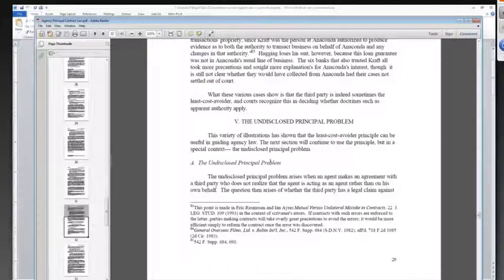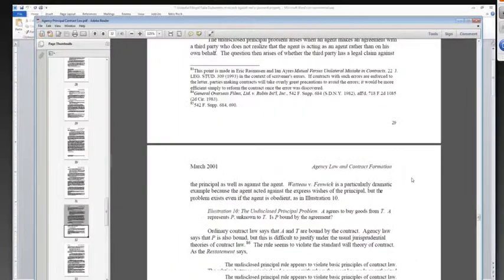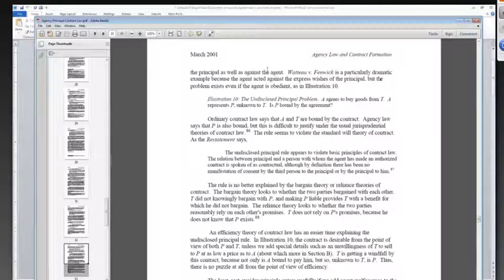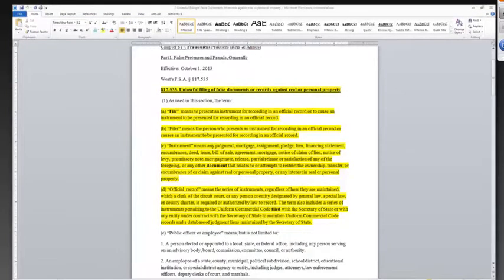The undisclosed principal problem, page 29. So let's go to page 29. Okay, so again, I didn't write this, it says here. The undisclosed principal problem, this is from Harvard Law School. The undisclosed principal problem arises when an agent makes an agreement with a third party who does not realize that the agent is acting as an agent rather than on his own behalf. The question then arises whether the third party has a legal claim against the principal as well as against the agent.